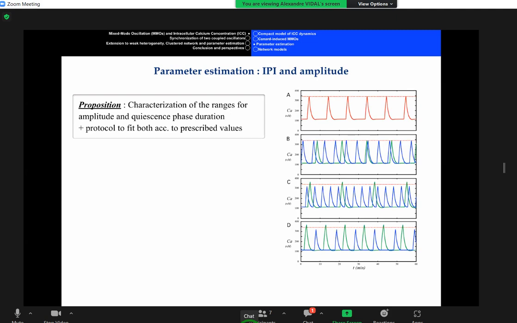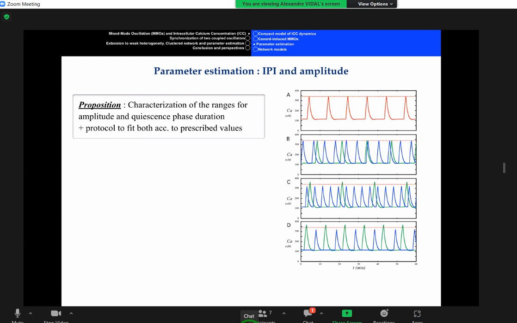It's simply a characterization of the ranges for amplitude and quiescent phase duration, and the protocol to fit both according to prescribed values. So we are able to reproduce exactly what we want for the quiescent phase, as you see, starting from, let's say, a basic time series generated by the system.